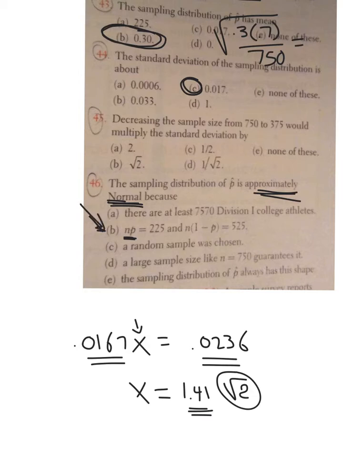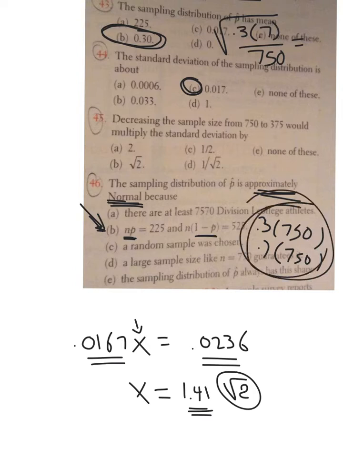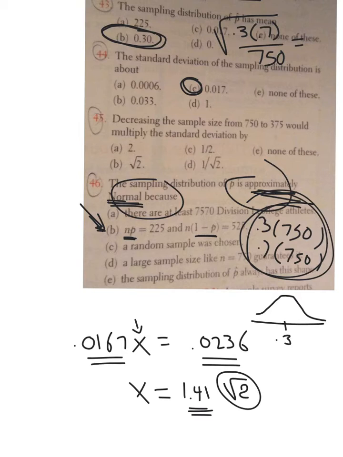So it would be 0.3 times 750 and 0.7 times 750. Those are both bigger than 10. That's how we tell if there's a normal distribution. In other words, it's going to look like that, where 0.3 would be right in the middle if you did that over and over again.